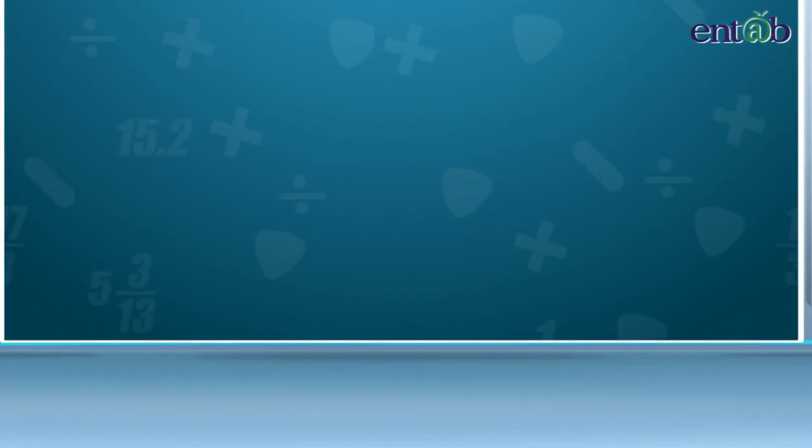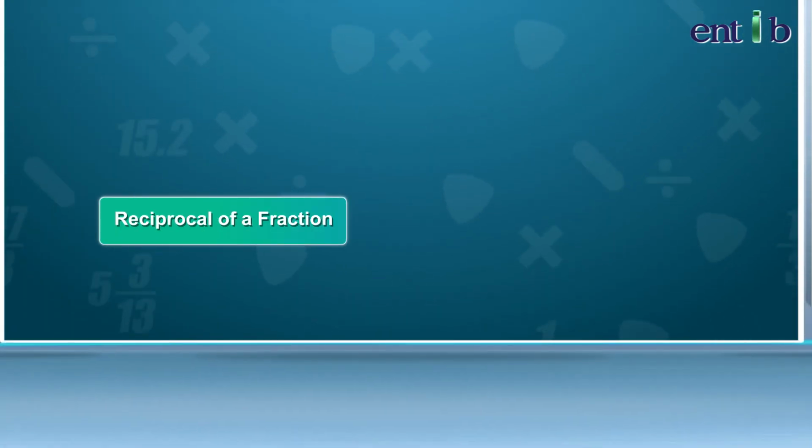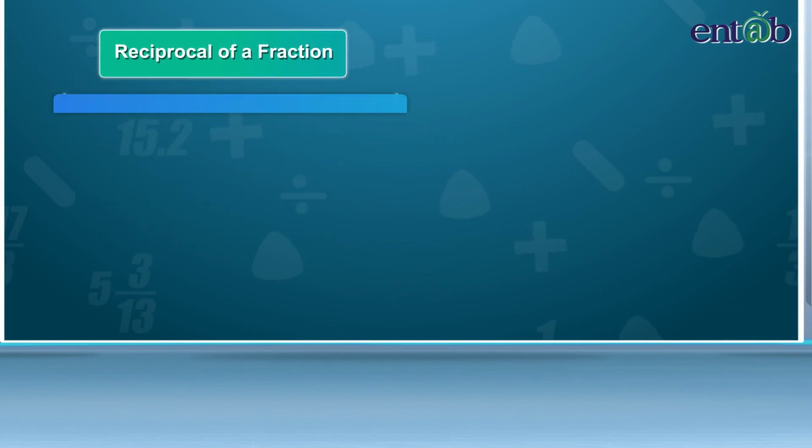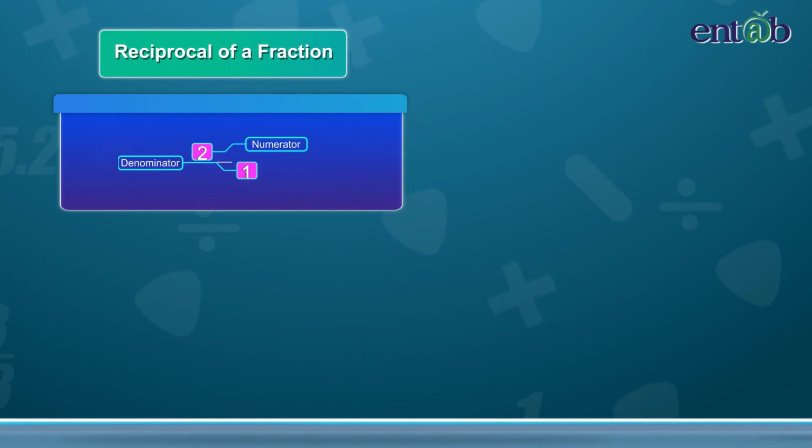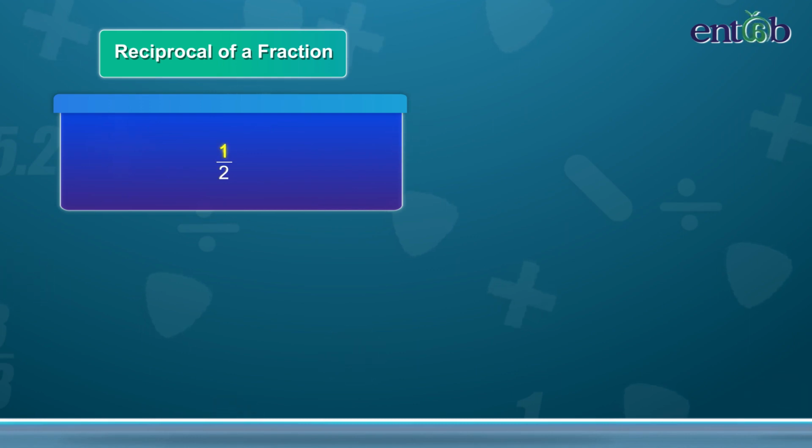In order to understand this, first we need to understand what is meant by the reciprocal of a fraction. Consider the fraction 2/1. When we interchange the places of numerator and denominator, the number obtained is 1/2.